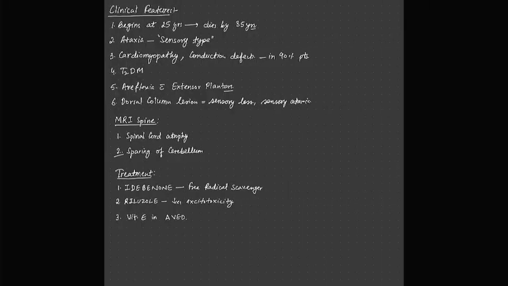Clinical features: begins at 25 years, patient dies by 35 years, ataxia is sensory type, there will be cardiac problems also, there will be endocrine problems like diabetes mellitus also, there will be areflexia with extensor plantars, sensory loss because of dorsal column involvement. MRI spine will be showing sparing of cerebellum and spinal cord atrophy.